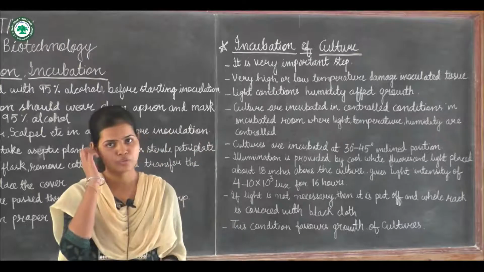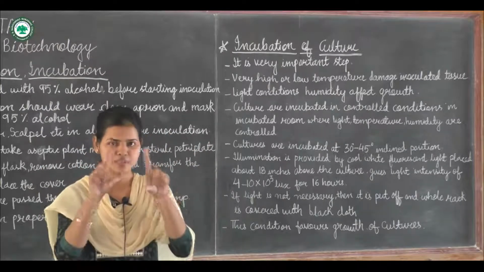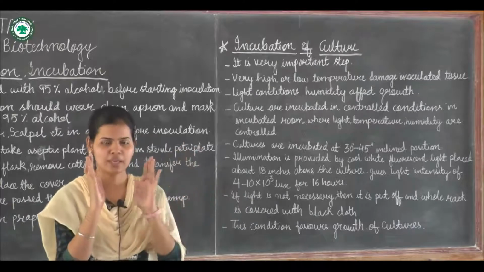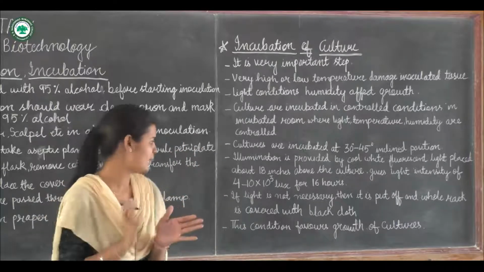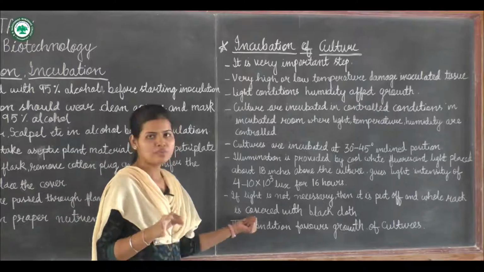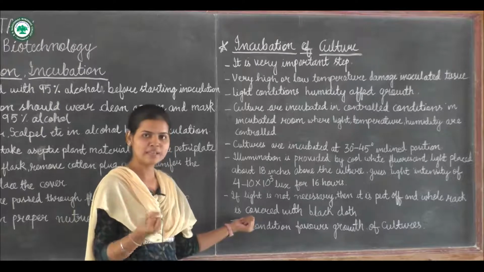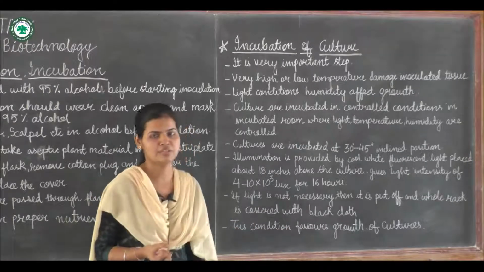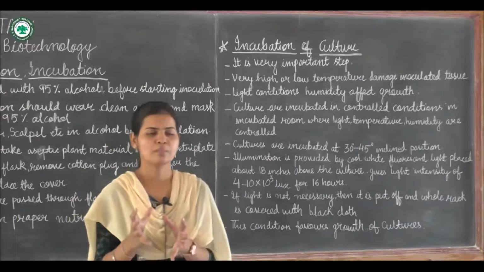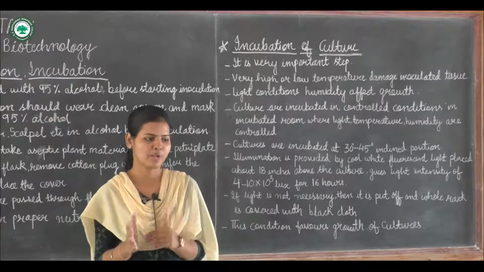So the entire room or the rack where our cultures are placed is covered totally with the black cloth. As the plant is not requiring light, we have maintained dark conditions. So these conditions favor the growth of the culture.